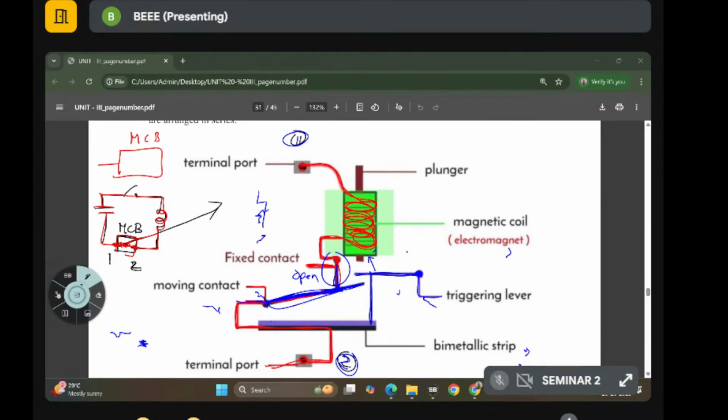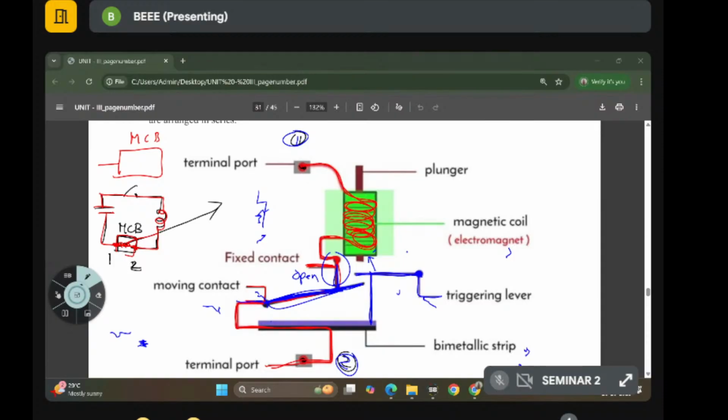Whenever this magnetic coil gets magnetized, it attracts the bimetallic strip, thereby opening the moving contact. That is the operation. Okay, that's all. So this is about MCB.